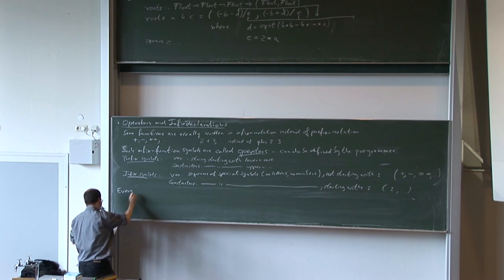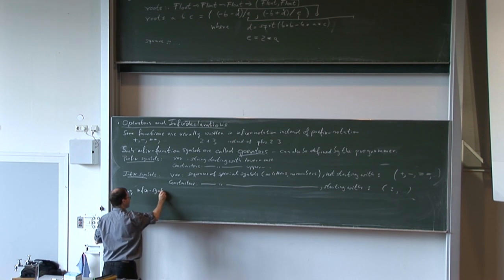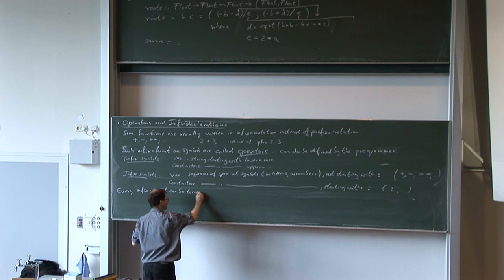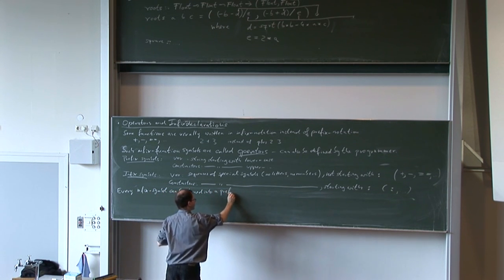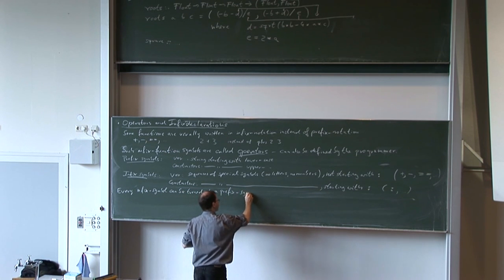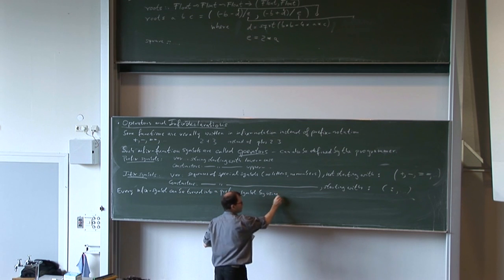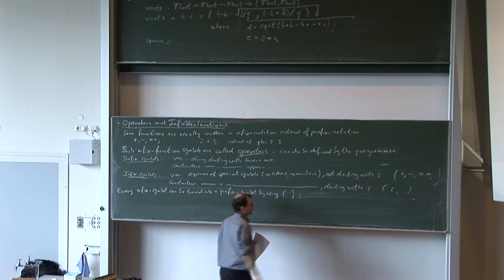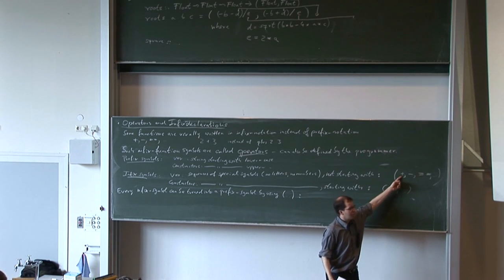Again, how do you do this? So every infix symbol can be turned into a prefix symbol by putting round parentheses around it. So for example, there is the infix symbol plus, because you write 2 plus 3.